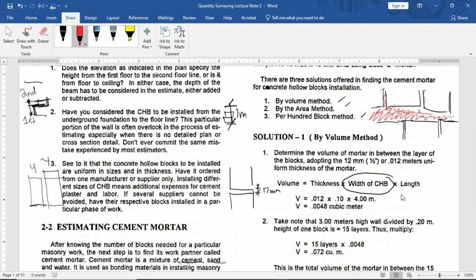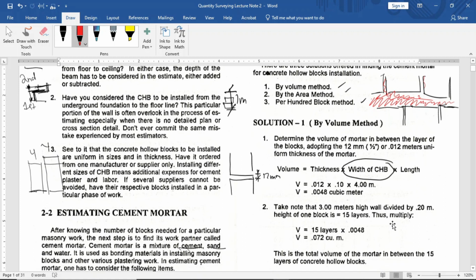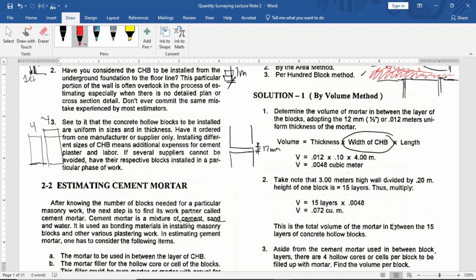So thus, multiply volume is equal to 15 layers times 0.048 cubic meter. So kung 15 layers yung height natin kanina, times lang natin sa 0.048, ang volume natin total is 0.72 cubic meter.